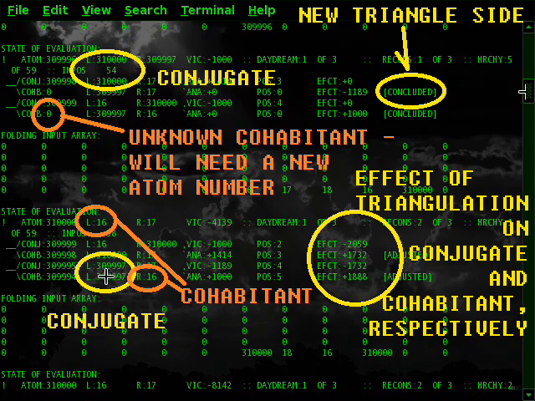The conjugate has a left atom of 309,997, and the cohabitant has it also as left atom. Okay, this is just simply the third triangle side. And you're having here, basically for each one of them, the effect of triangulation on them.